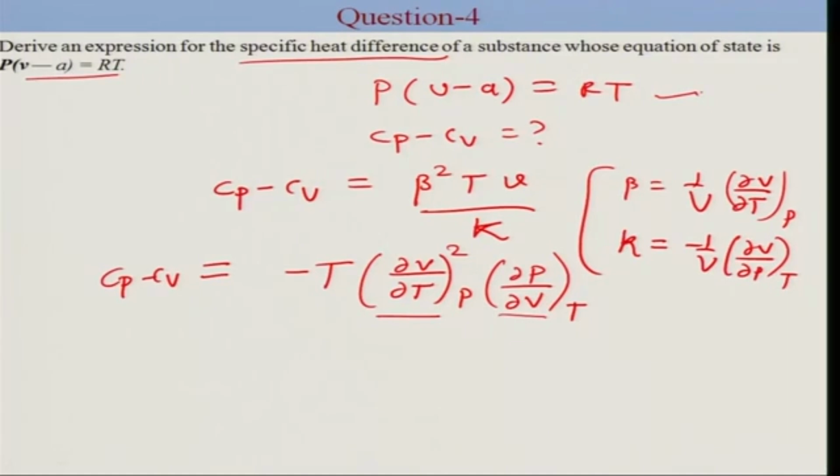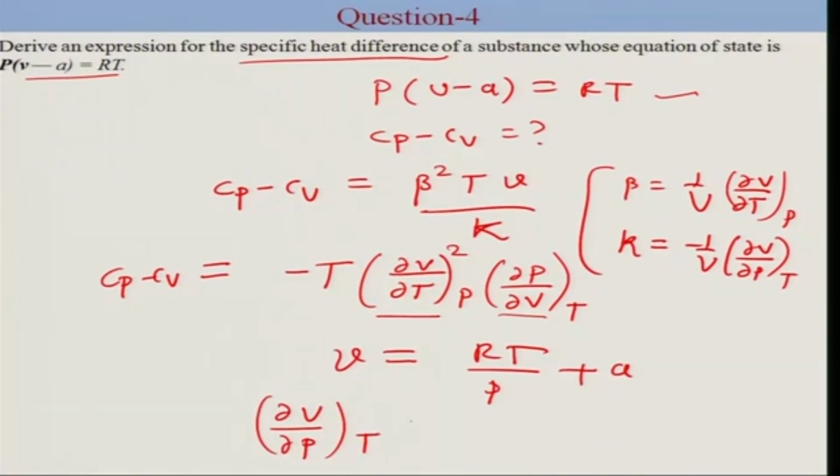So, solving this equation of state for V, which is specific volume, V will be equal to RT upon P plus A. Taking derivative with respect to P, del V upon del P at constant T will give us minus RT upon P square.